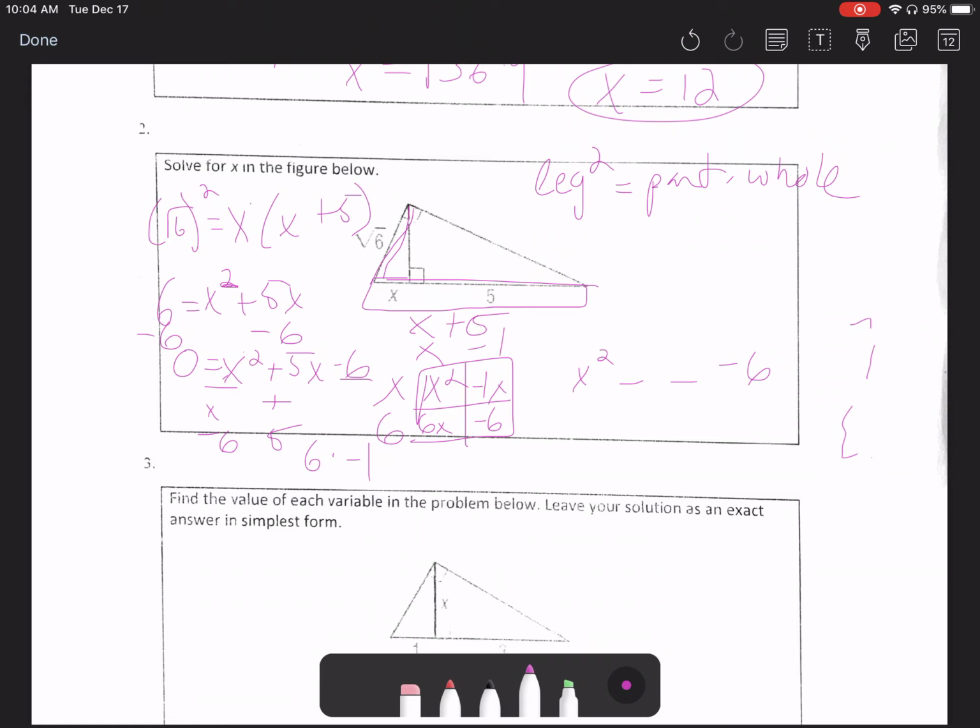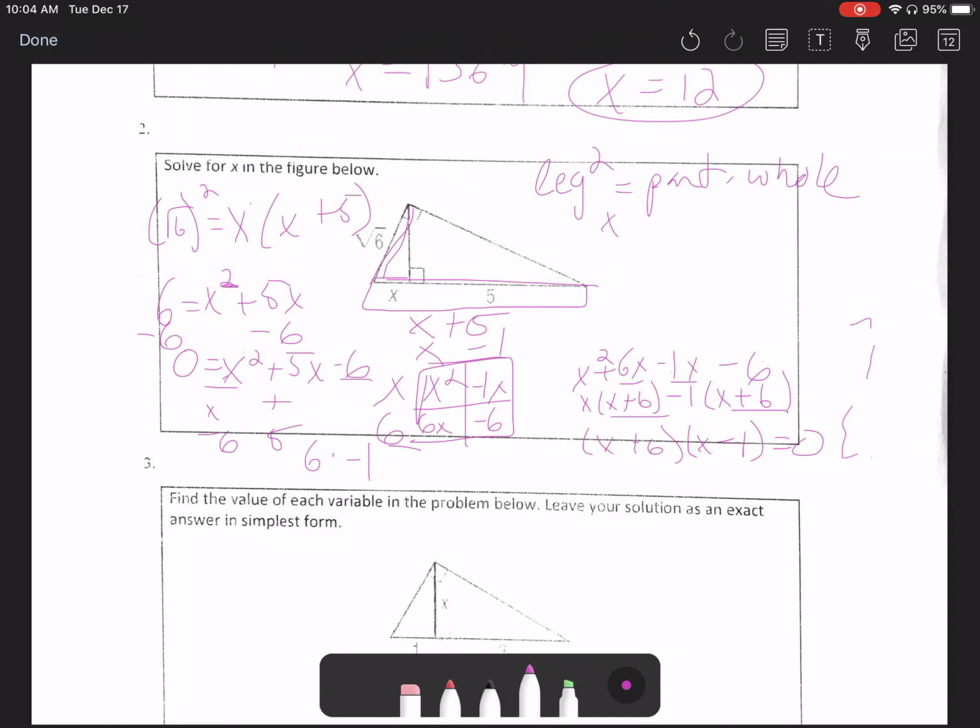Do the same thing here, if this is the way that you're comfortable with: a positive 6x minus a 1x. The greatest common factor is x, that's going to be x plus 6. The only common factor here is negative 1, also x plus 6. I notice they both have the same thing. So this is x plus 6 times x minus 1 is equal to 0. Do you see that I get the same two factors?